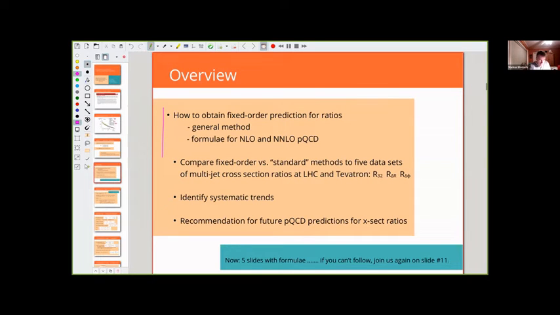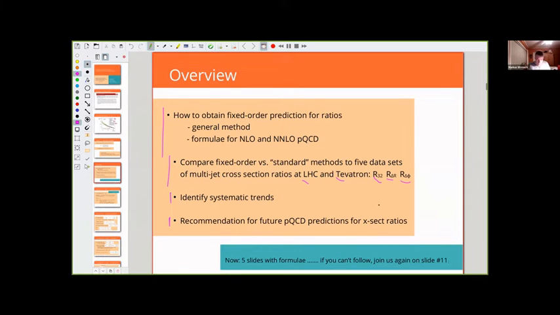In the second part, we compare fixed order results with the standard results for 5 different data sets measured at the LHC and the Tevatron. These are these 3 multi-jet cross-section ratios. We use the observations there to identify systematic trends and then try to come up with recommendations for future pQCD predictions whenever cross-section ratios are computed.